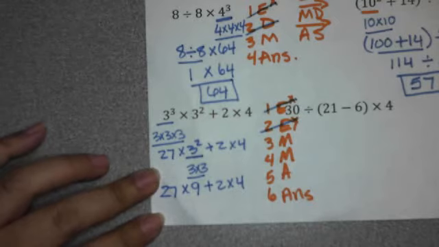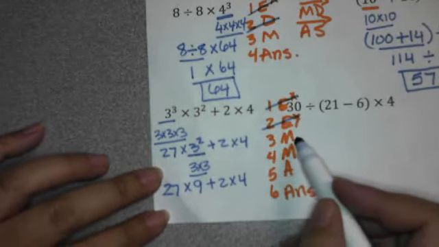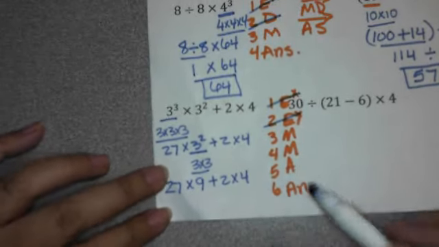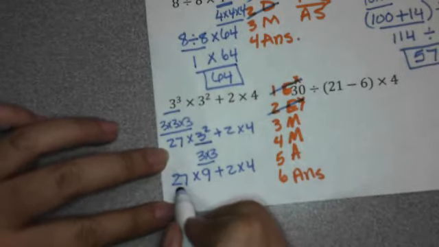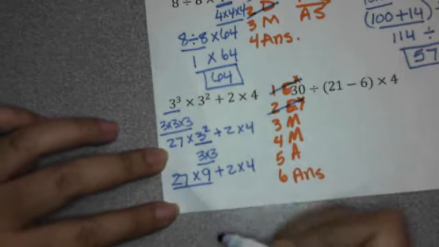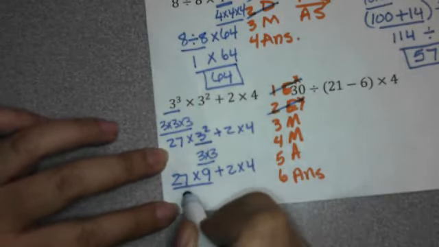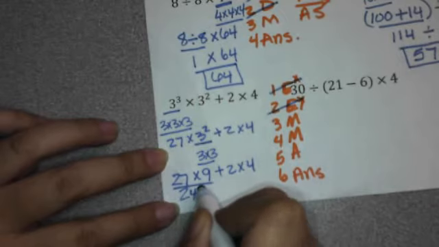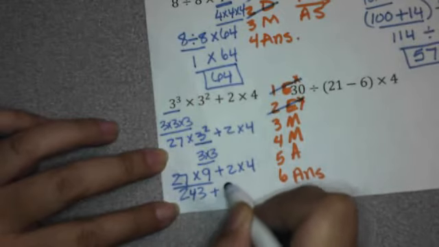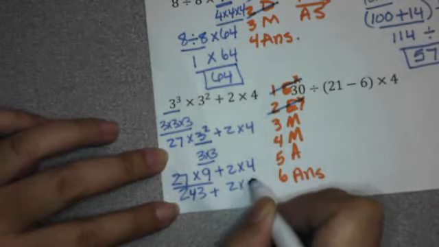We're going to go to step number 3, which is multiplying. There's 2 multiplying. We do the one on the left first. So 27 times 9 is 243 plus 2 times 4.